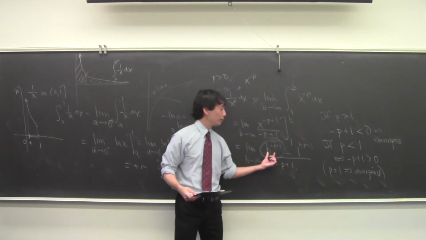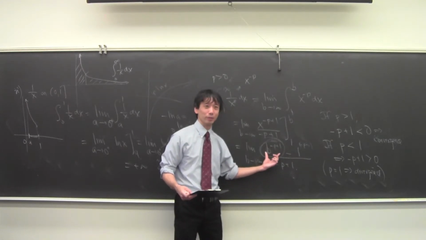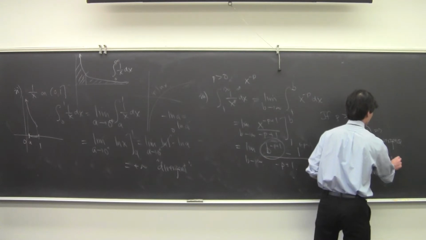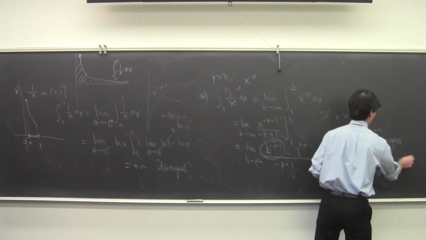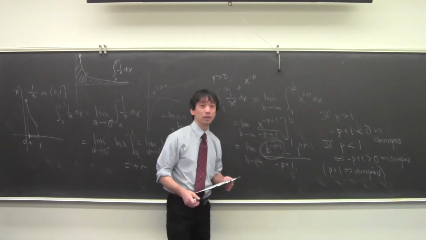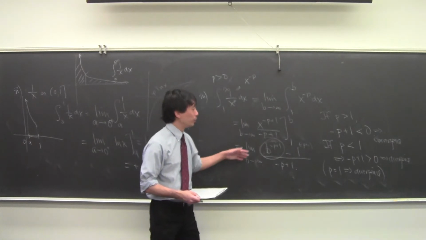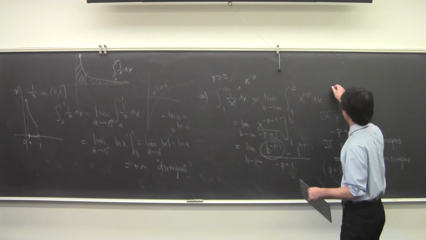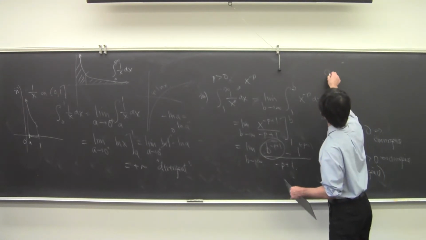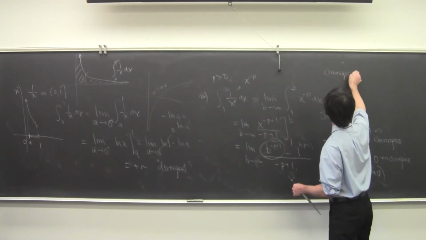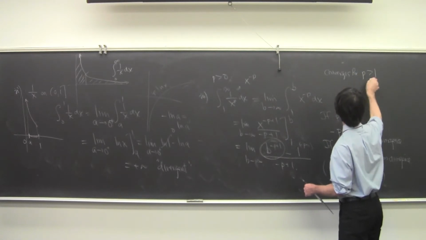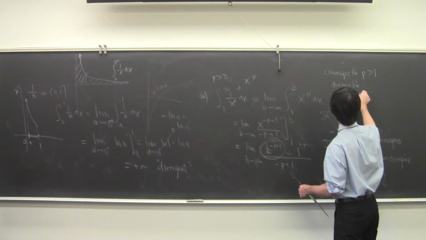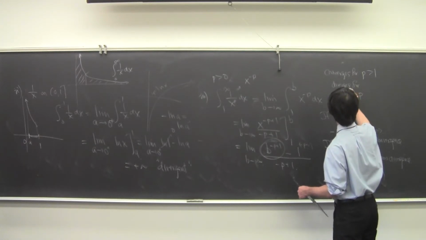If you get b to a positive power, as b goes to infinity, we get infinity, so we get divergence. Putting it all together, this thing converges for p bigger than 1 and diverges for p smaller than or equal to 1.